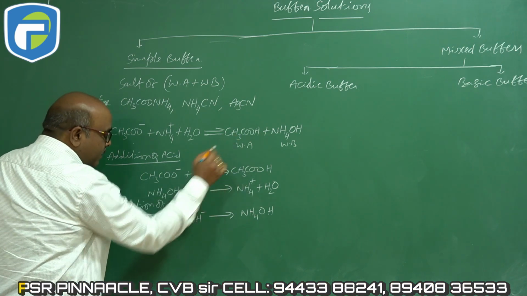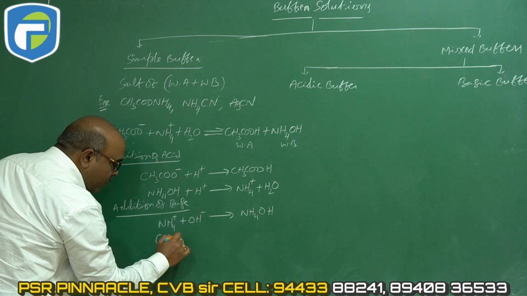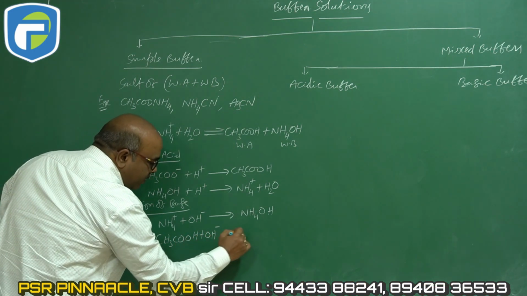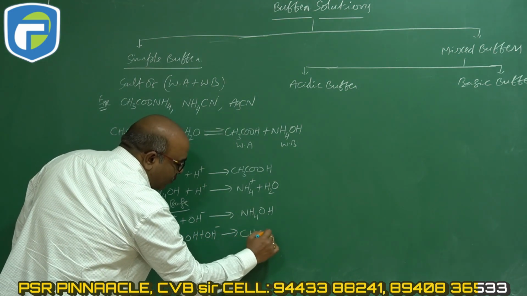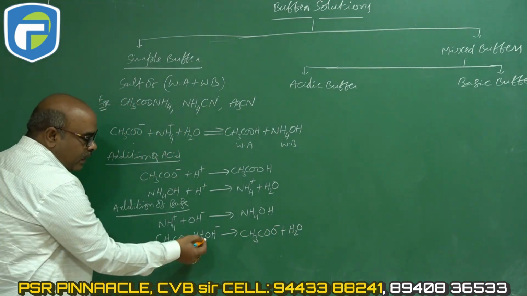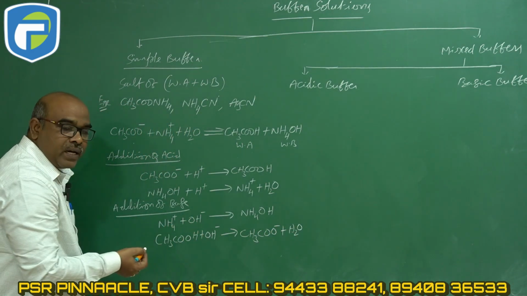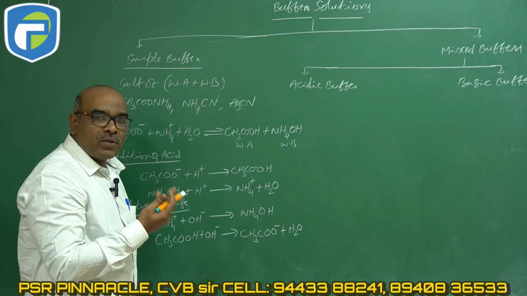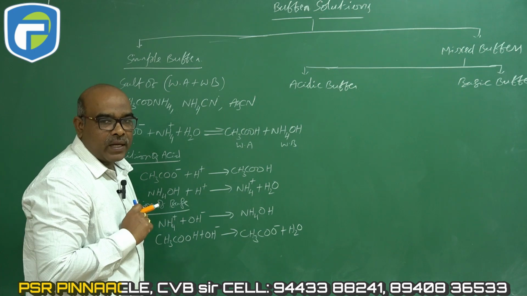Or otherwise, CH3COOH molecules combine with OH minus to form CH3COO minus and H2O. So the added OH minus ions are completely consumed, there is no increase in OH minus concentration, and there is no change in pH value.